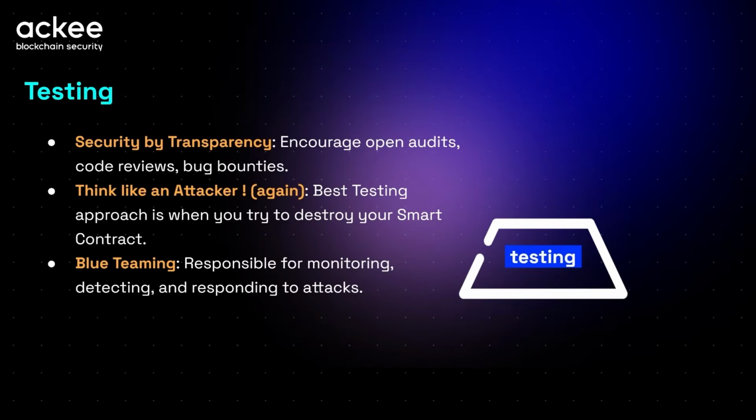Test how fast you can detect the attack. Can you even detect the attack, or will you learn from Twitter that your protocol was hacked? Then test how fast you can react to the attack. How fast can your team respond? How fast can you fix the bug? How fast can you communicate to the community or to the users that the smart contract was hacked and what the problem was?